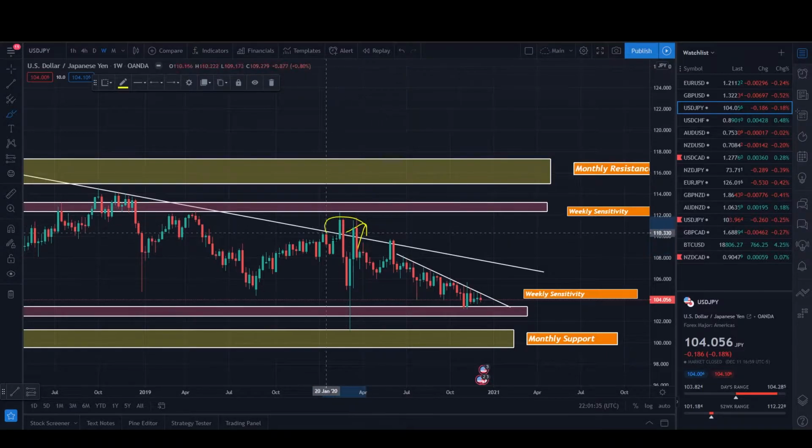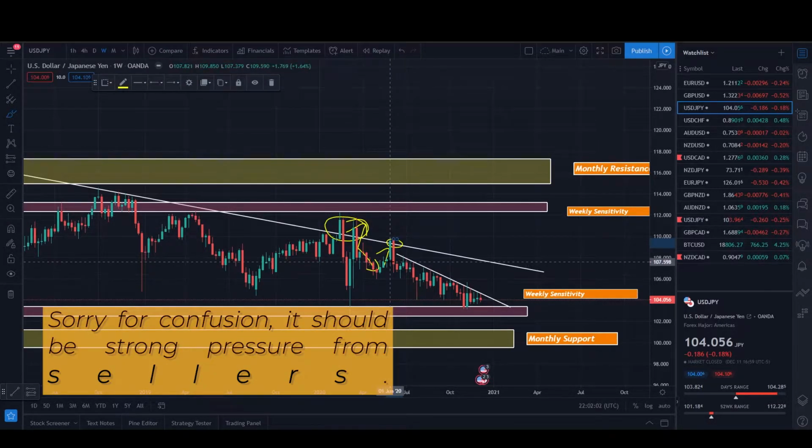The buyers try to push the price up and break our monthly downtrend, but when the sellers step into the market, both the sellers and the buyers become very aggressive, because either they're trying to push the price down or they're trying to push the price higher.